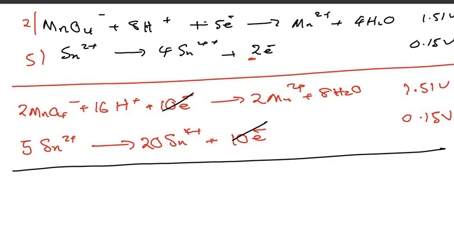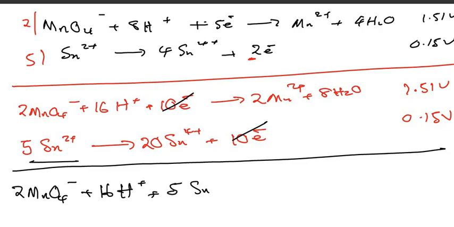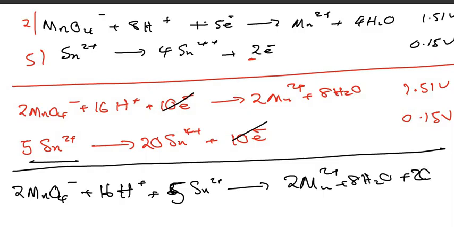So meaning when we cancel, we just add up everything. This is going to be 2 permanganate with a negative, plus 16 hydrogens, then plus this guy here, everything on the reactant side. There's a 5 Sn2+, then this gives us 2 manganese 2+, we have 8 water molecules, plus 5 Sn4+.